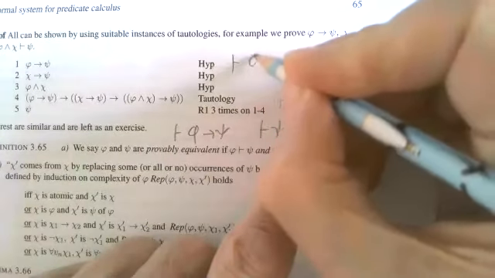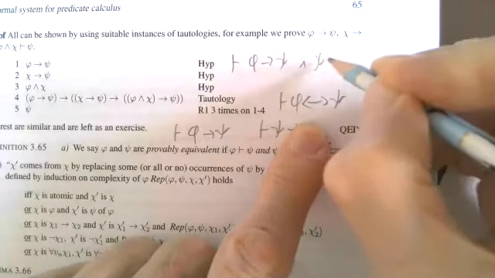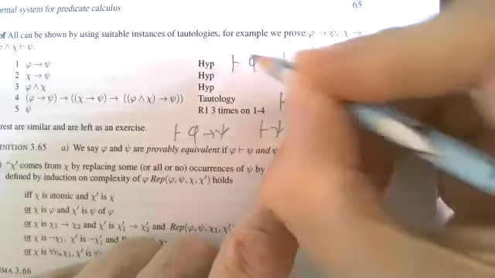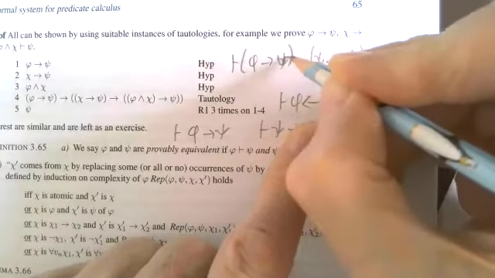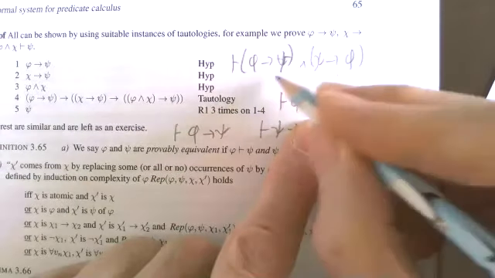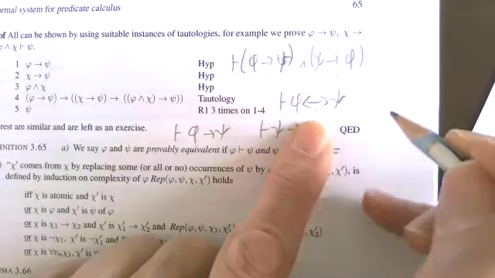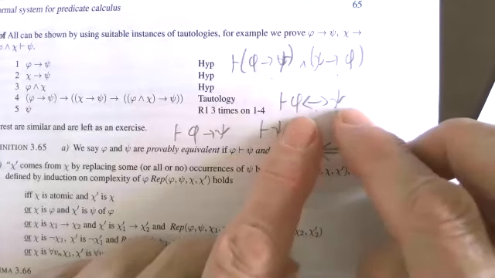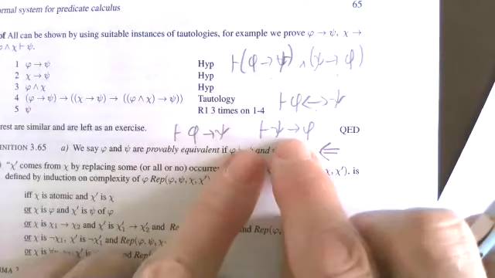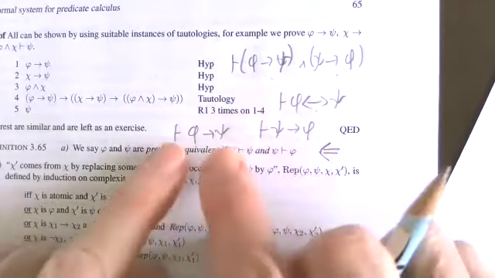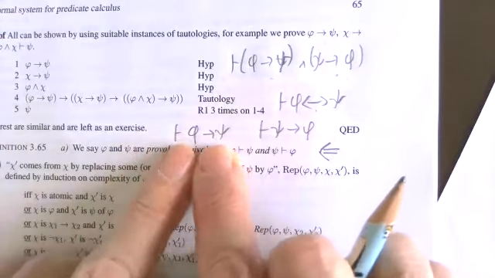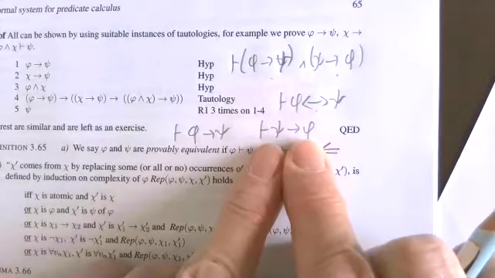Again, remember that what this says here is phi arrows psi and psi arrows phi. So this double arrow is just an abbreviation for this here. But this is saying something. This isn't trivial. This is saying I've got a proof of this symbol string, and I've got a proof of this symbol string.